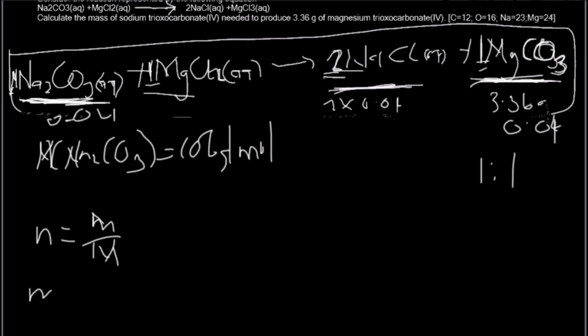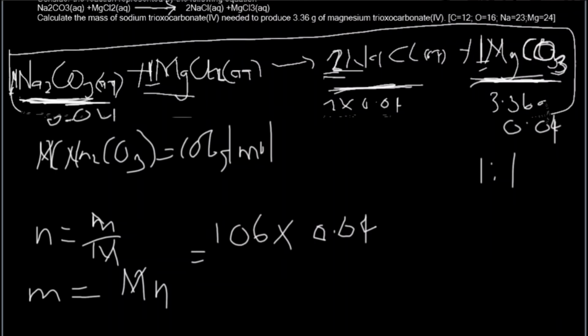If you make mass the subject, it is molar mass times n. Once we've got the molar mass, which is 106, times the moles, which is 0.04, the answer will give you 4.42 grams.